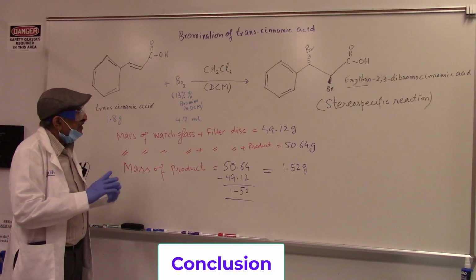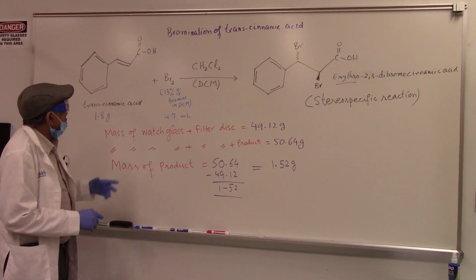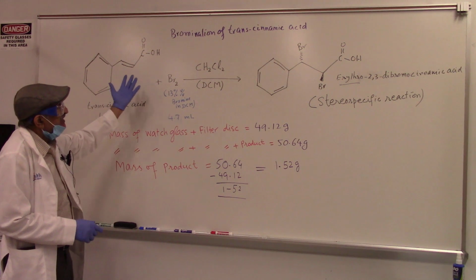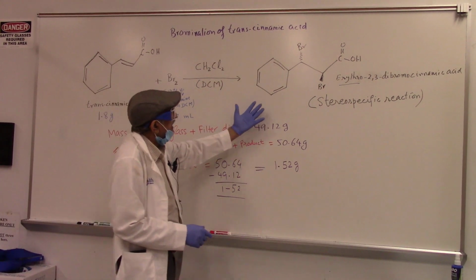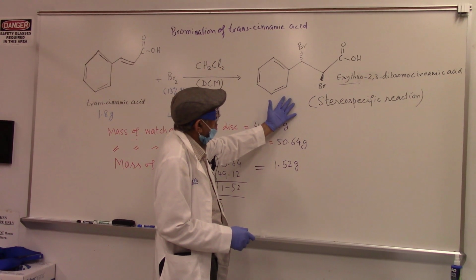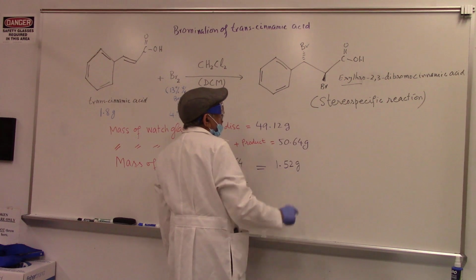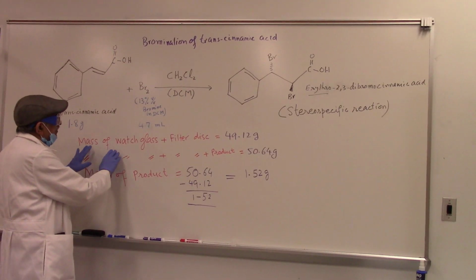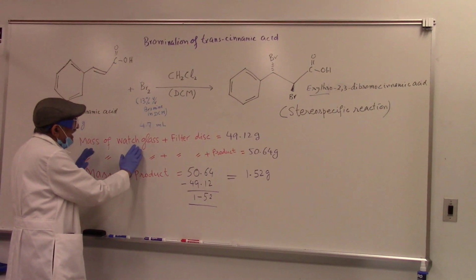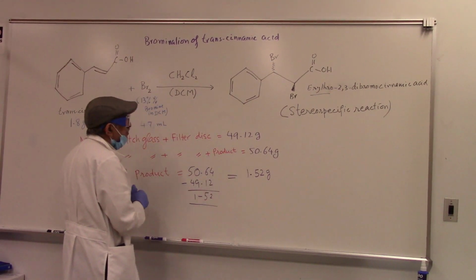As usual, we are back at the whiteboard. We reacted trans-cinnamic acid with bromine and got erythro-2,3-dibromocinnamic acid. This is the very specific stereochemistry, erythro, not threo. And we now have the data. We started the reaction with 1.8 grams of cinnamic acid.